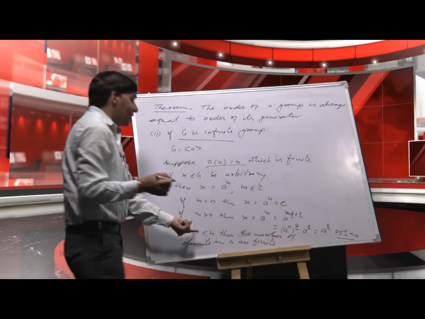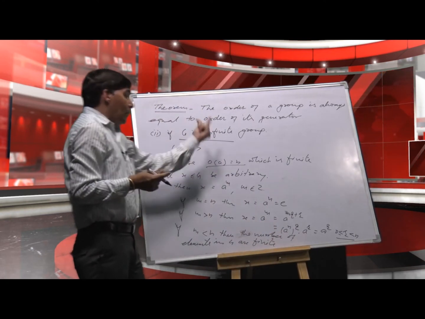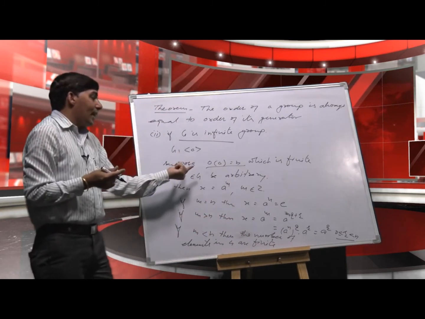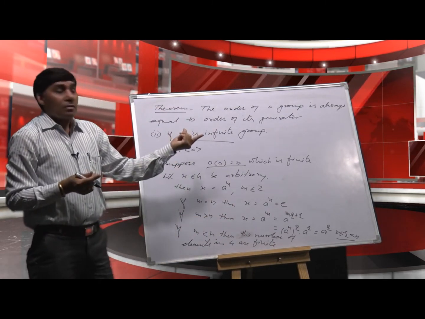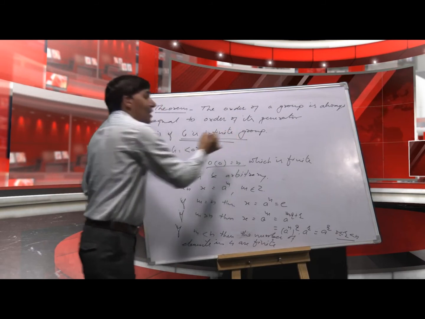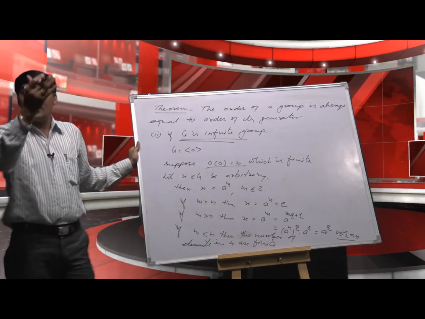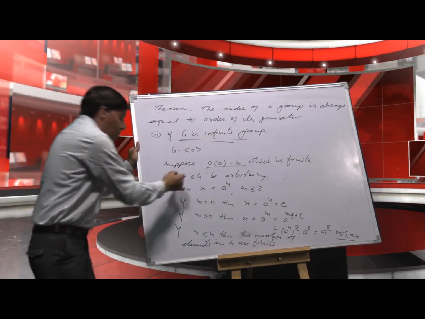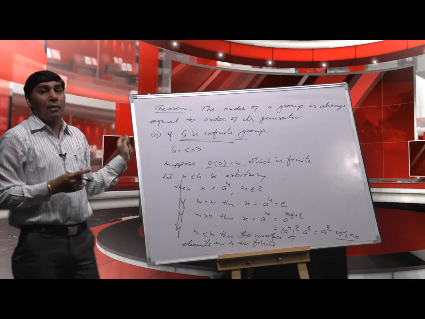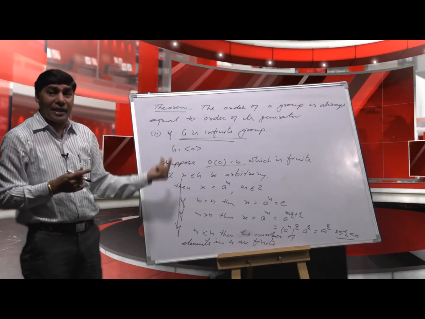So in all three cases we see that the number of elements in G is finite, a contradiction, because G is an infinite group, so the number of elements in the group should be infinite, but in these three cases we see the number of elements in the group is finite, a contradiction.